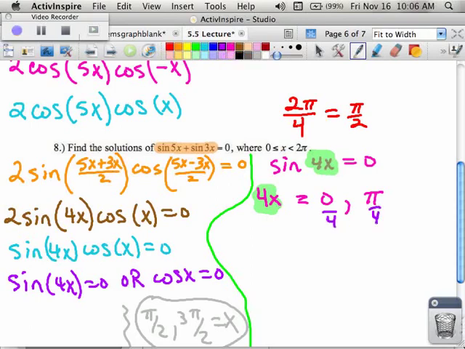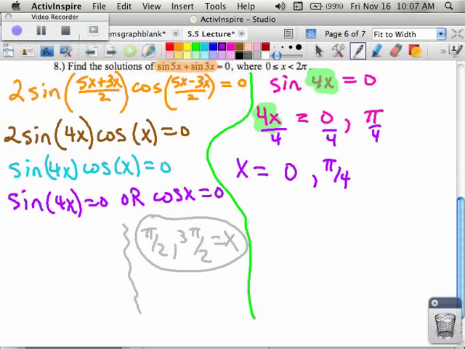I can add pi over 2 again and get pi. And I can add pi over 2 again and get 3 pi over 2. I have now come up with 4 answers.